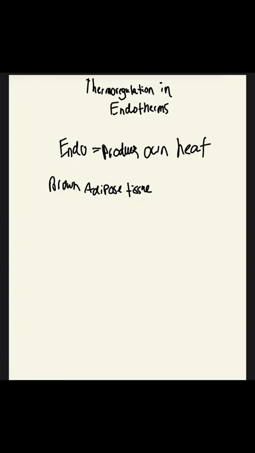Rather than producing ATP, the energy released from cellular respiration is dissipated directly as heat. This process is called non-shivering thermogenesis, and it's very important for heat generation in cold environments.